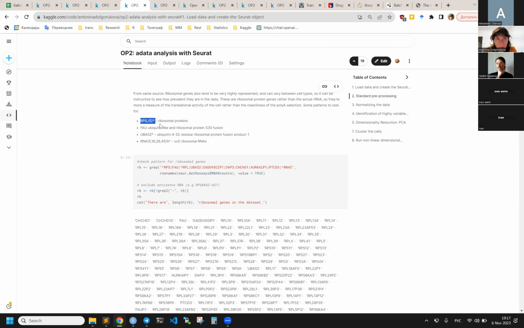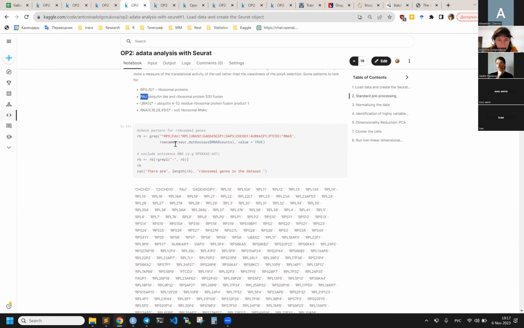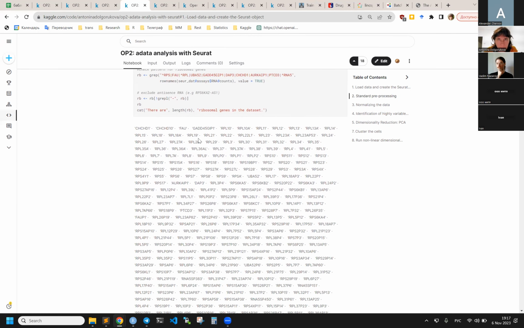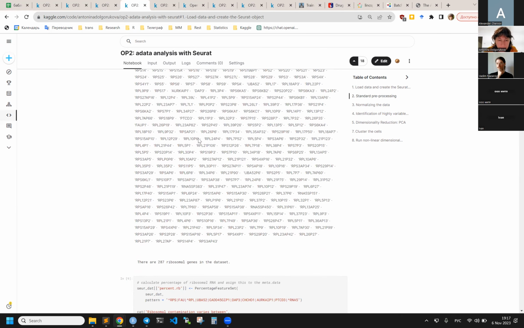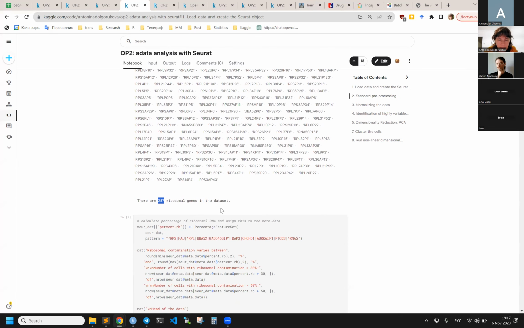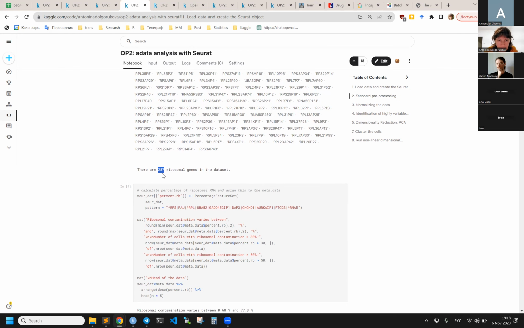And here I found some patterns. It was almost a comprehensive search, so I used a huge database, and I found these four different patterns indicating that a gene with this pattern in its name is ribosomal. And we see many more ribosomal genes in this data set than mitochondrial, like 300.